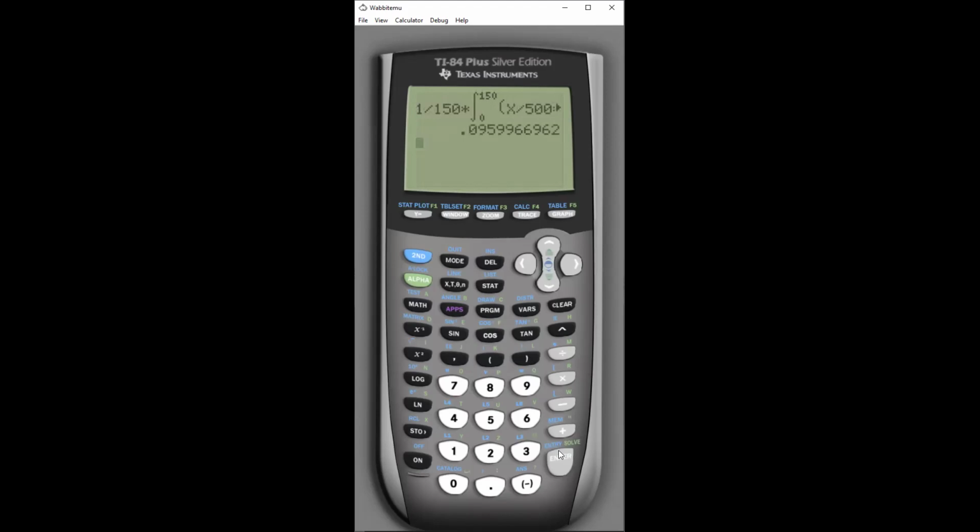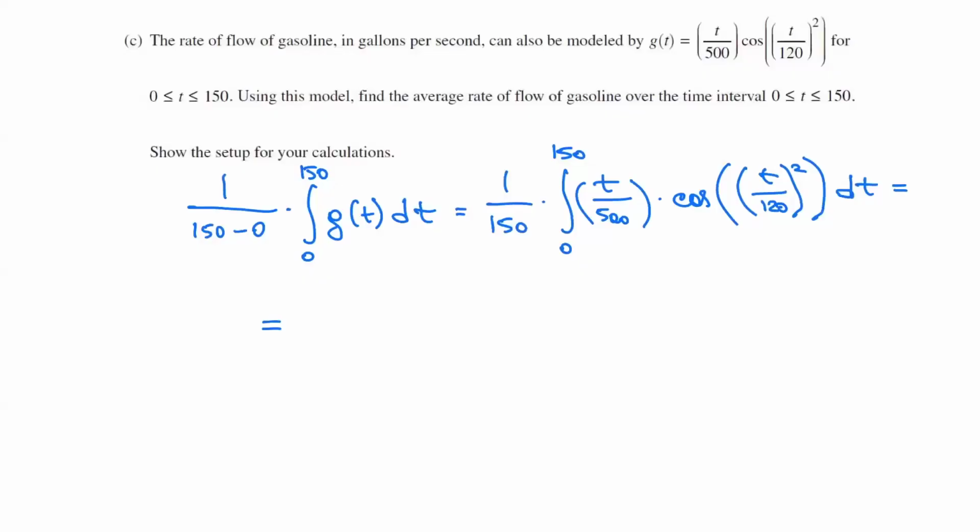The average value is 0.096. So the answer here is 0.096.